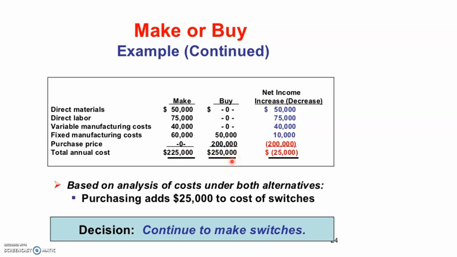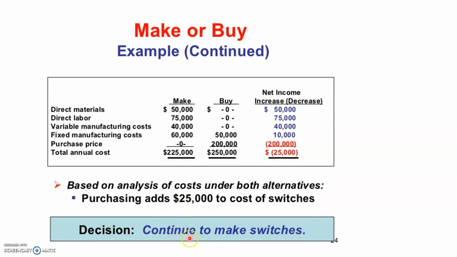The decision to buy the product will lead to more cost and a decrease in the profit. So this is what differential costing is. By using this differential costing method, we can take decisions to make or buy the product, to make the product in the factory or to buy it from the market.